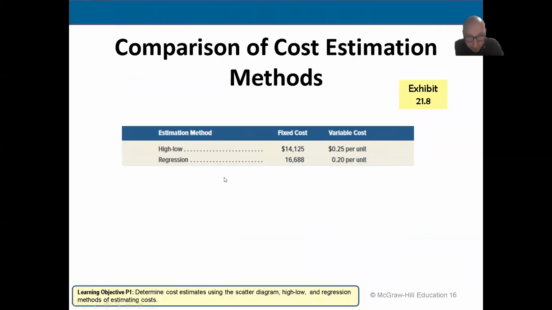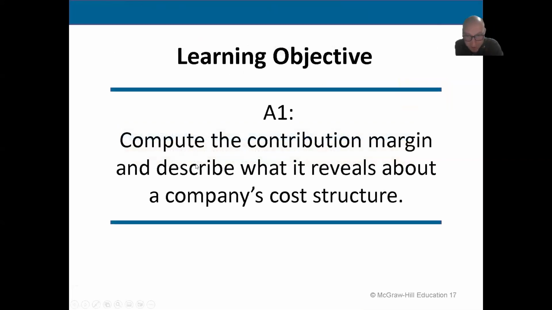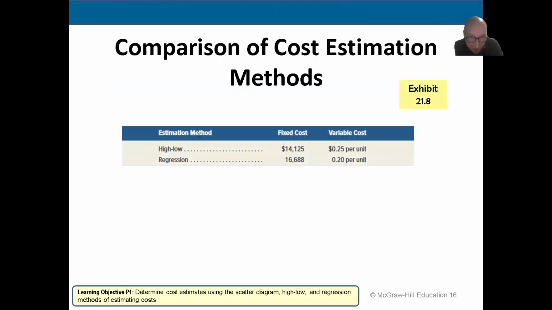Don't worry, I'm not going to have you do that. But I'm just going to quickly tell you about it, that's all. And we can see that with the estimate, there's a difference between the high-low method and the regression method. And that difference, it depends. So a company might select one method over another to get an estimate of our costs. Okay?